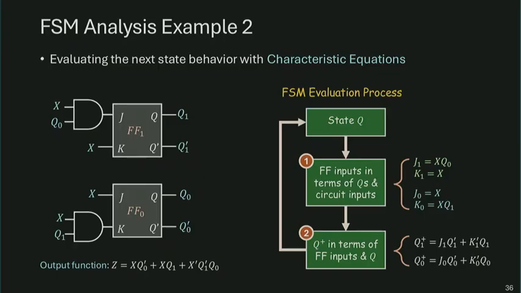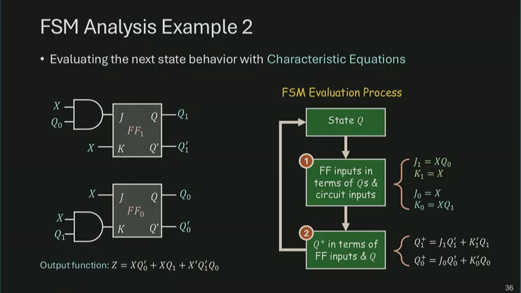J1 is the first flip-flop input, but that's also a combinational function of x, Q0. So if you substitute J1 with a function of x, Q0 and K1 with x, now you're describing the next state, Q1 plus, based on the current state and the primary inputs. And that's what we need, a description of the next state in terms of current state and primary inputs.